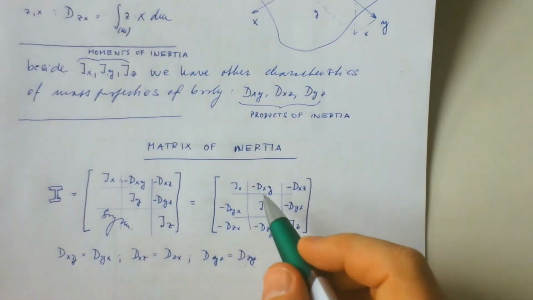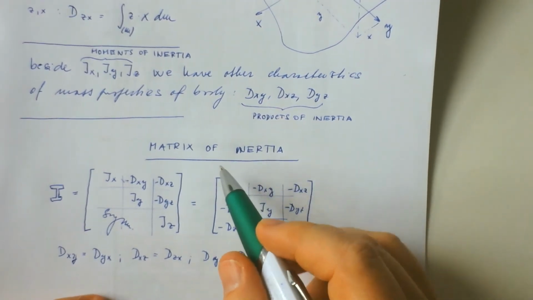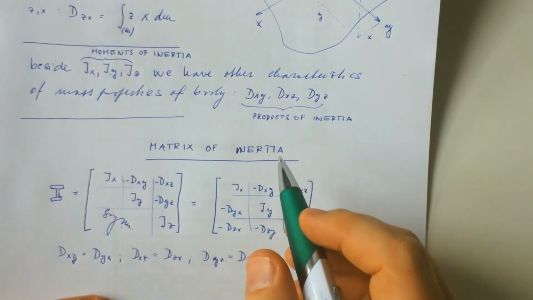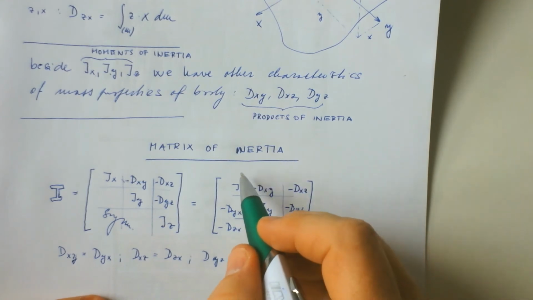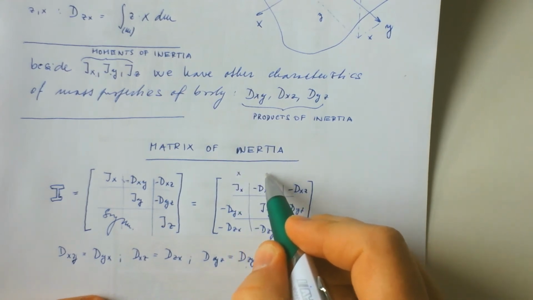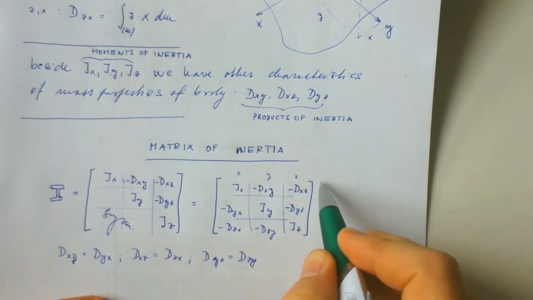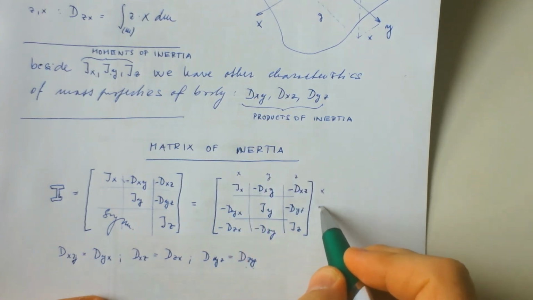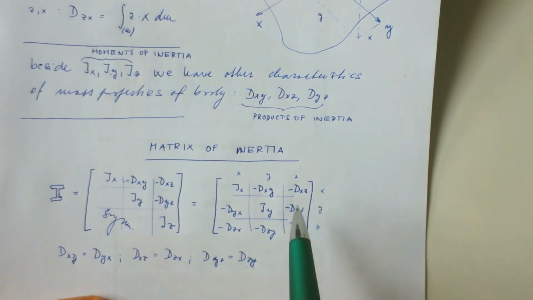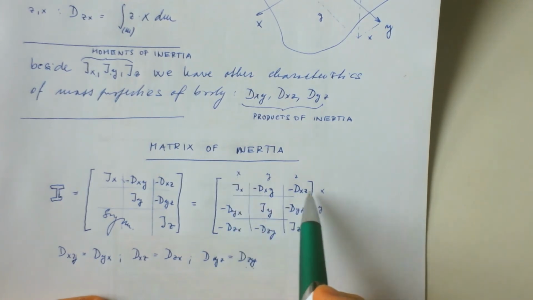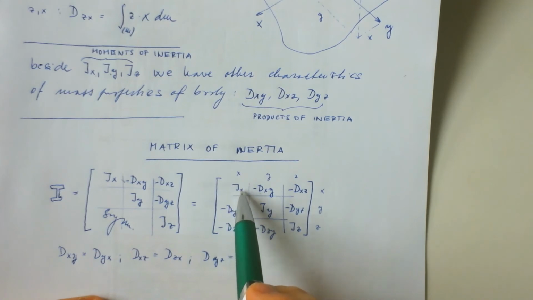And you can also remember as a mnemotechnical hint that you can imagine there is x, y, z, and in column there is x, y, z. So in diagonal it's x to x, it's jx.